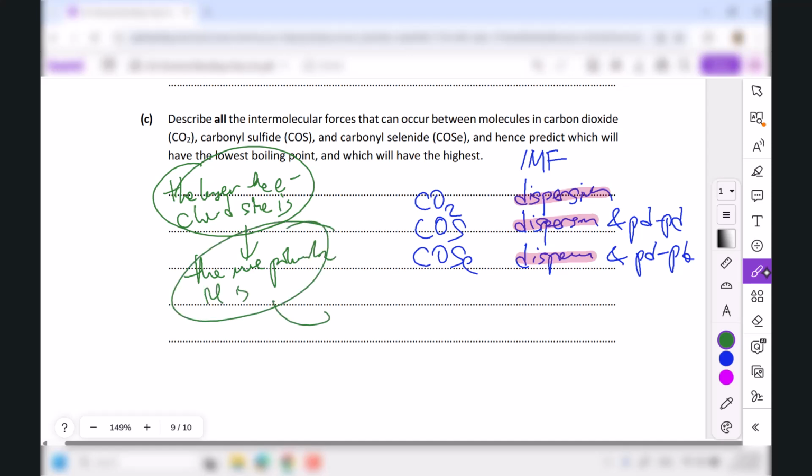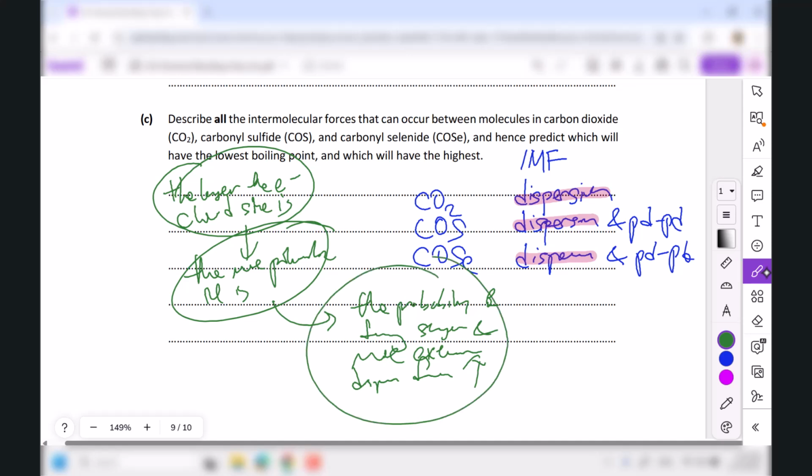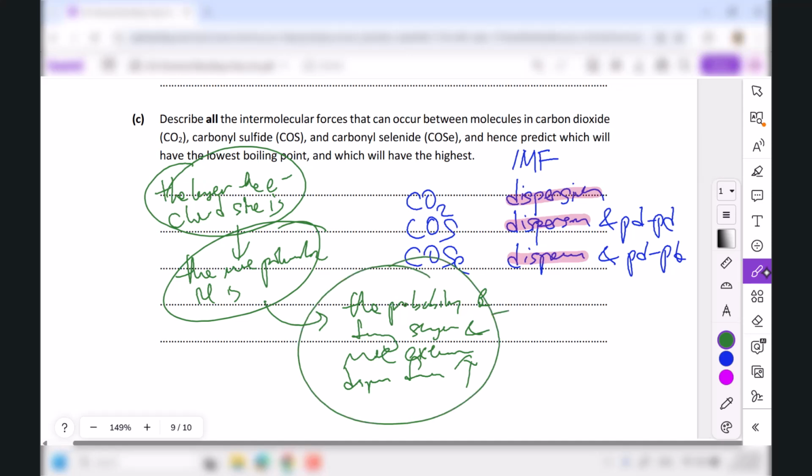Okay, then the probability of forming stronger and more extensive dispersion forces increases. Okay, and then this will lead to more energy required to overcome the stronger dispersion forces.